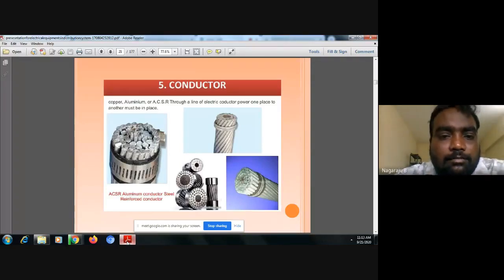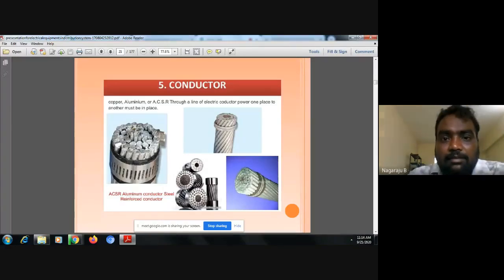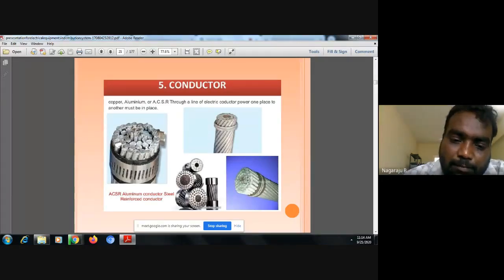This is about the aluminum conductor steel reinforced, ACSR, where a bundle of conductors is connected in a group like cable wire, through a line of electric conductor from one place to another place. To shift the power from one place to another place, you will use the conductor.